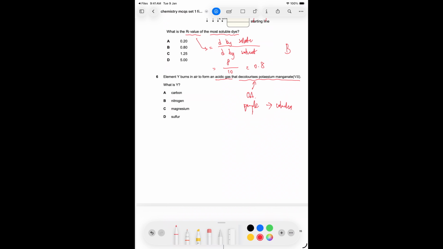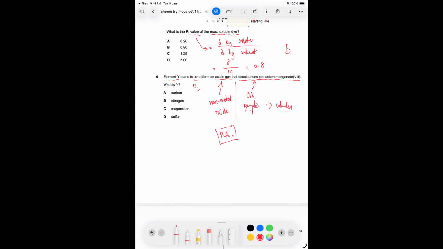Okay, so if this element Y burns in air, it means it reacts with oxygen gas to produce an acidic gas. An acidic gas basically is a what? It's a non-metal oxide. Okay, and it must produce a what? A reducing agent. Okay, because only a reducing agent will cause your oxidizing agent to turn from purple to colorless.